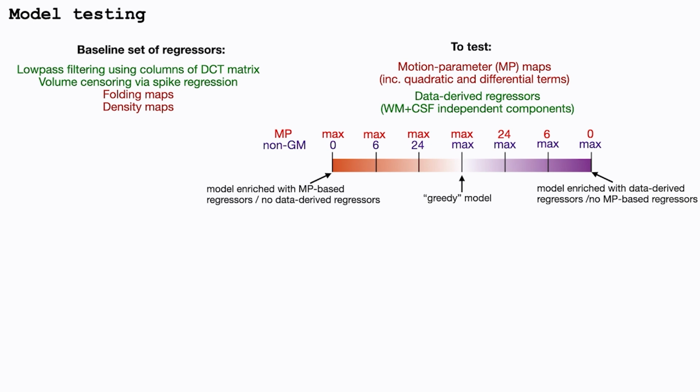And we test a set of models which span from models which are enriched with motion-based parameters without any data-derived regressors, to the greedy models which combine both motion-based parameters and data-derived regressors, to the models which are enriched with data-derived regressors but without motion-based regressors.